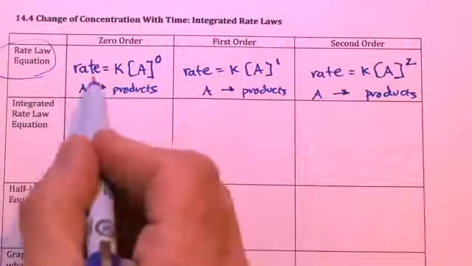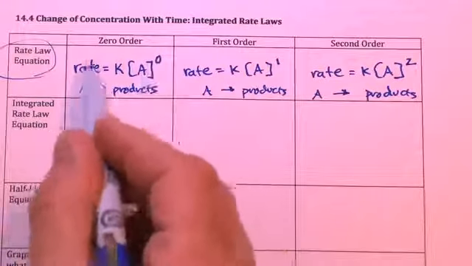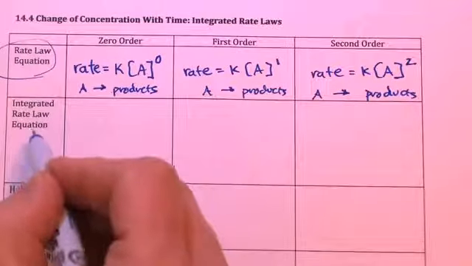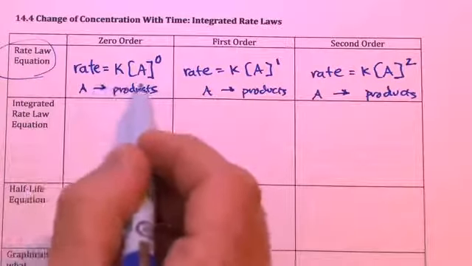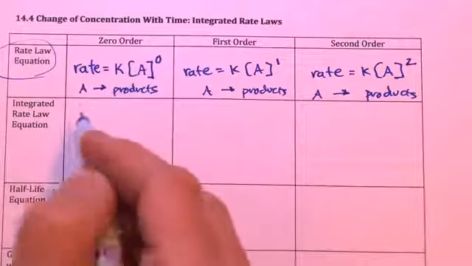If we take this equation, rate is equal to K times A to the 0 power, and perform integration on it, we obtain what's called the integrated rate law equation for any zero order rate expression that looks like this.